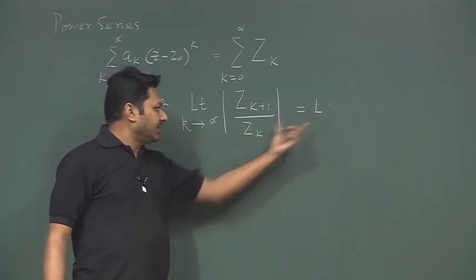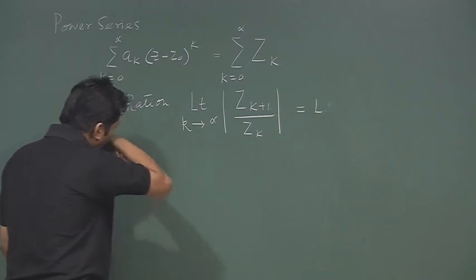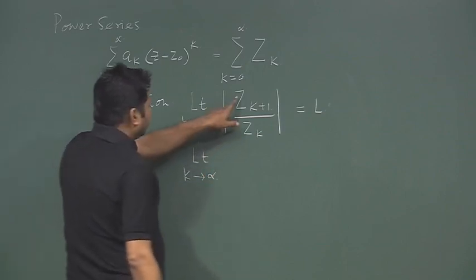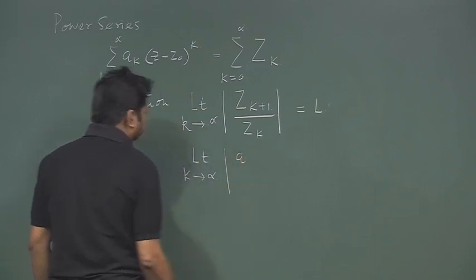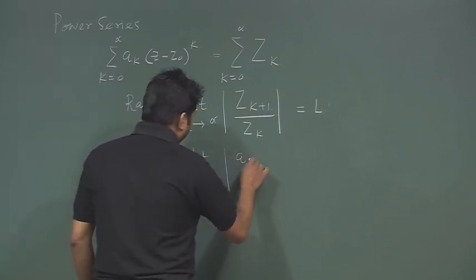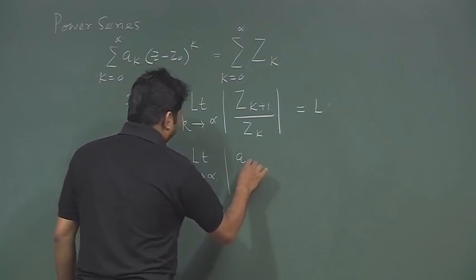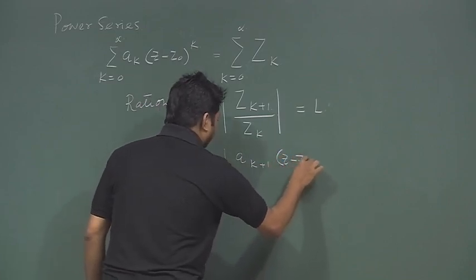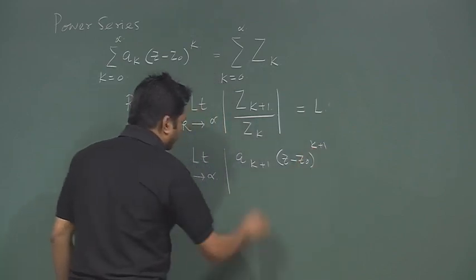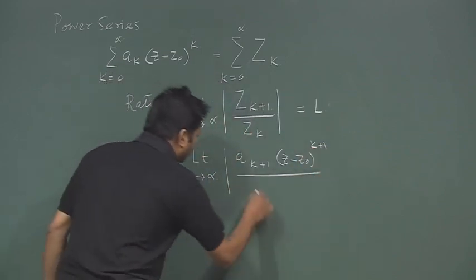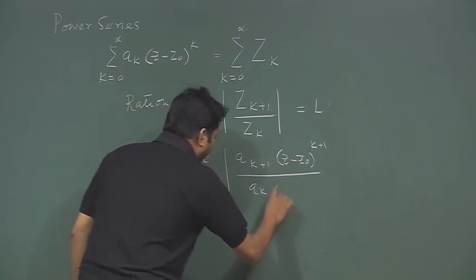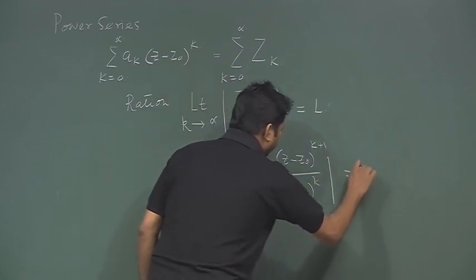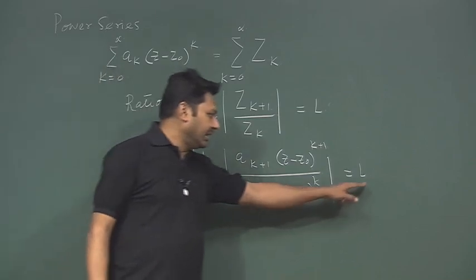Now if I put this as L, then I can have the limit as k tends to infinity of a_{k+1}(z - z0)^{k+1} divided by a_k(z - z0)^k, which I say is L. Still, I don't know whether it is less than 1 or greater than 1.